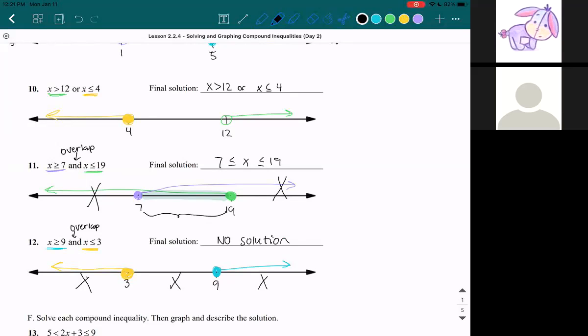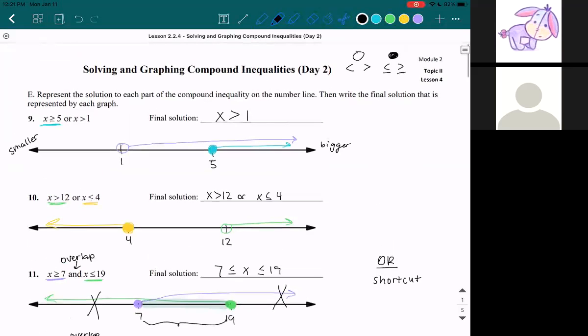Once again, if you have questions, please call me over, okay? Let me summarize as best as I can. If you see the word or, that means you want to look for the shortcut. How lazy can you get when you're telling me the answer? If you can be lazy, like in number 9, where you only have to say one of the things, then be lazy.